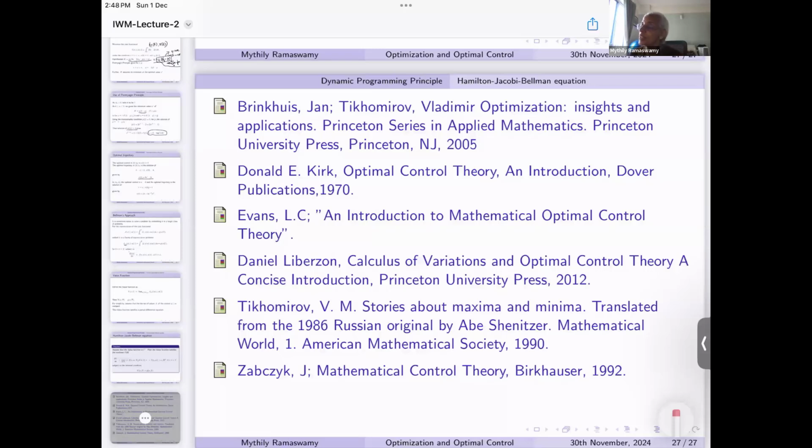Evans' Introduction to Mathematical Optimal Control, where I mentioned he has good examples of value function easily calculated by hand. Daniel Liberzon compares calculus of variations and optimal control, and he combines them. That's also a very interesting book to read. And for more history, Tikhomirov, and Zabczyk's Mathematical Control Theory also has some information.